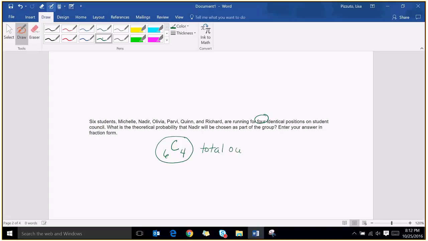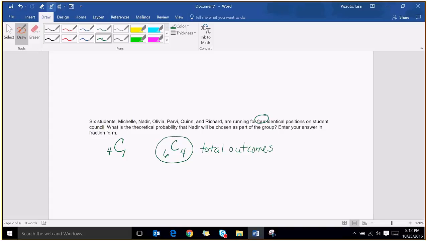Because there are 6 students and you're taking a group of 4. And then what is for the success is that out of the 4 students, one of them is, do you pronounce it Nadar?